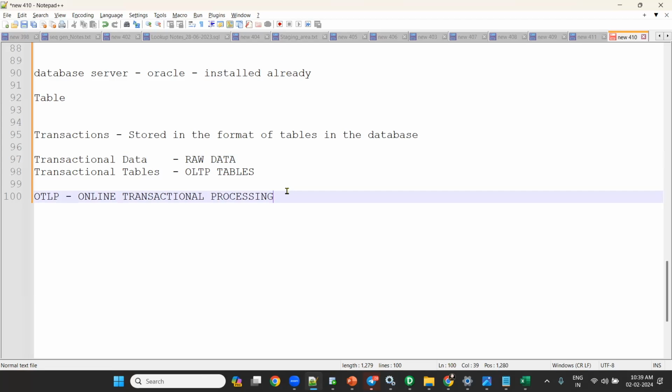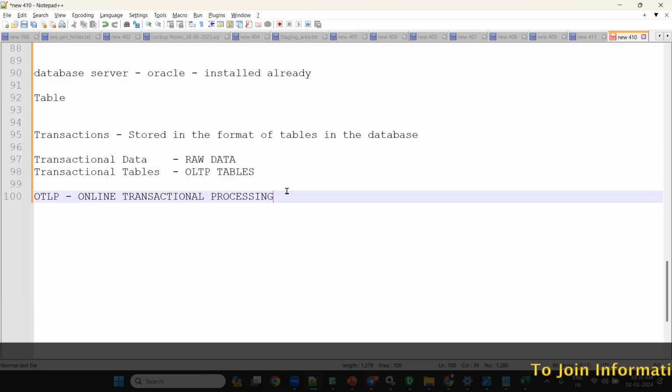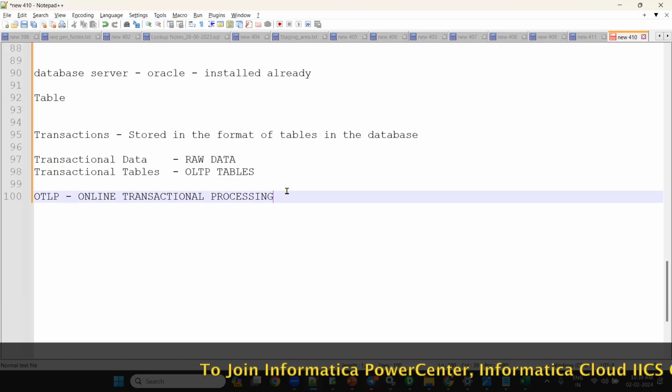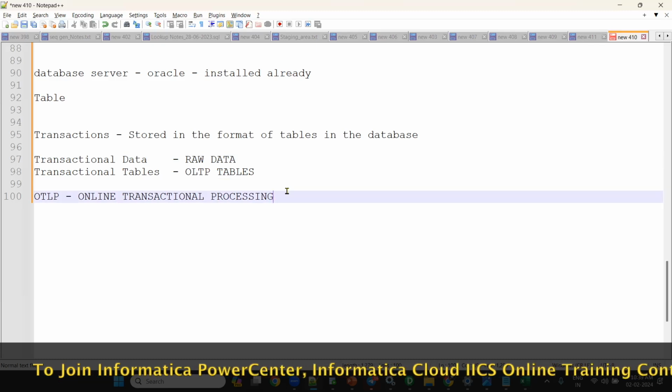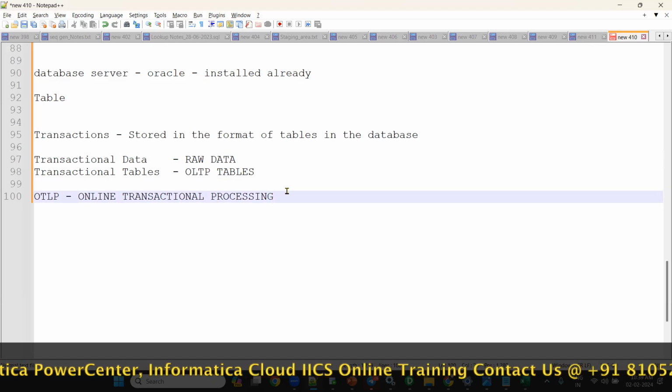In day-to-day life, wherever you go, you pay and you get something, that is a transaction. You get the items and the bill, but the record is stored in a table in the database. Everyone understood clearly?